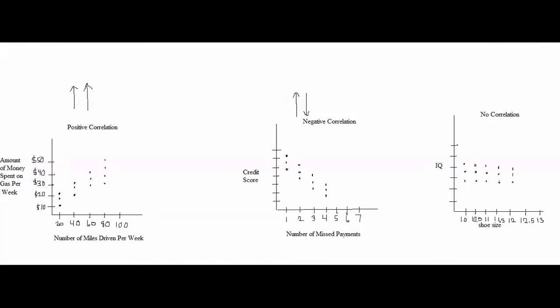I wanted to talk a little bit about the definition of a correlation. A correlation is a relationship between two quantitative variables. That's the definition you'll usually hear for a correlation.